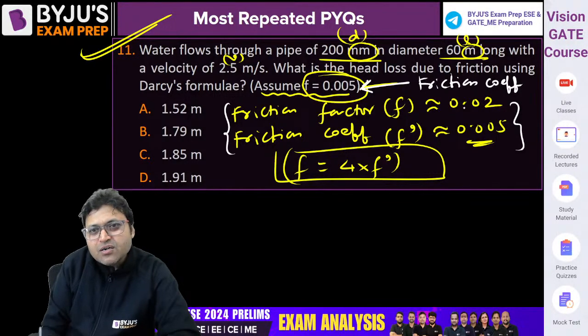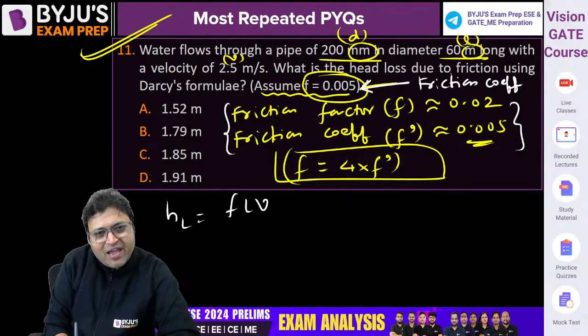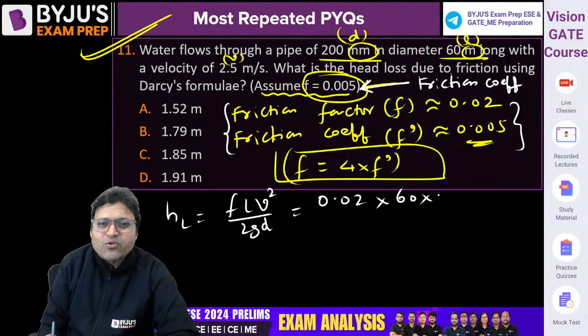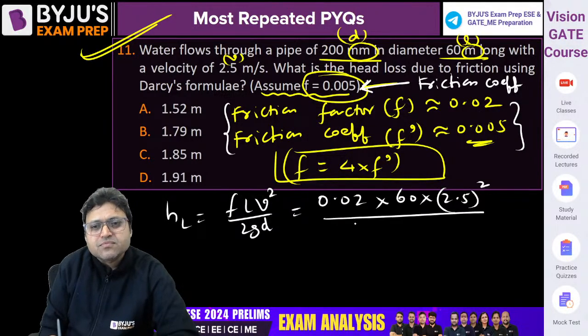So what is the head loss due to friction? HL, that is FL V square by 2GD. F is 0.02 into length is 60 meter, V square, velocity is 2.5 whole square upon 2 into 10, diameter is 0.2.